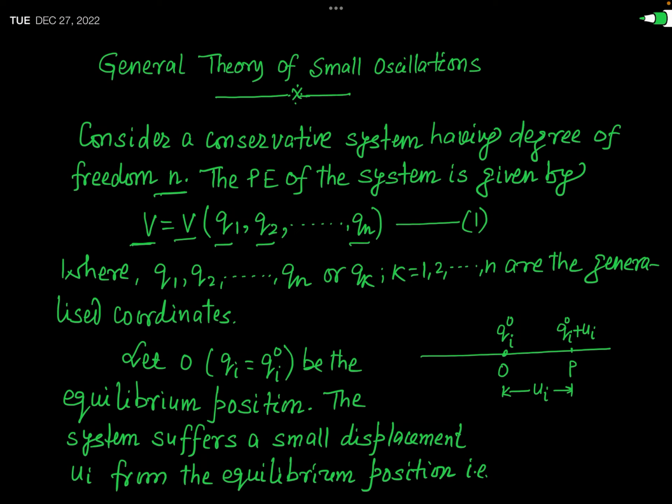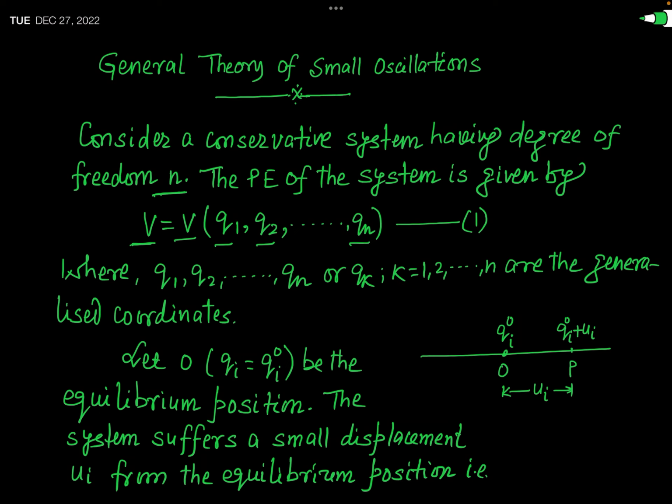It means the potential energy of the system is a function of the n generalized coordinates from q1 to qn. Why n generalized coordinates? Because we have assumed that the system has n degrees of freedom, so the number of generalized coordinates will be equal to n. Okay.